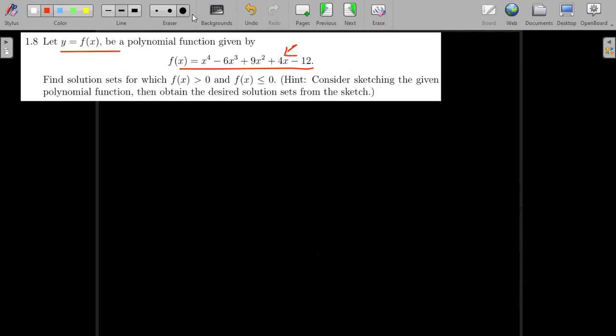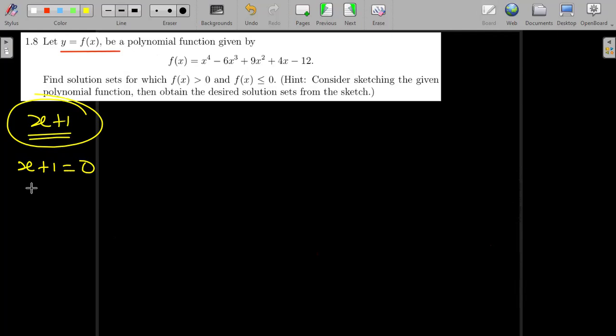So how do we factorize a polynomial? We use the trial and error method. So let's try the factor maybe x plus 1. So we want to see if this is a factor of this. If this is a factor, then when I do x plus 1 equals 0, x is equals to minus 1, and if I substitute minus 1 wherever there's x here, I should get 0.